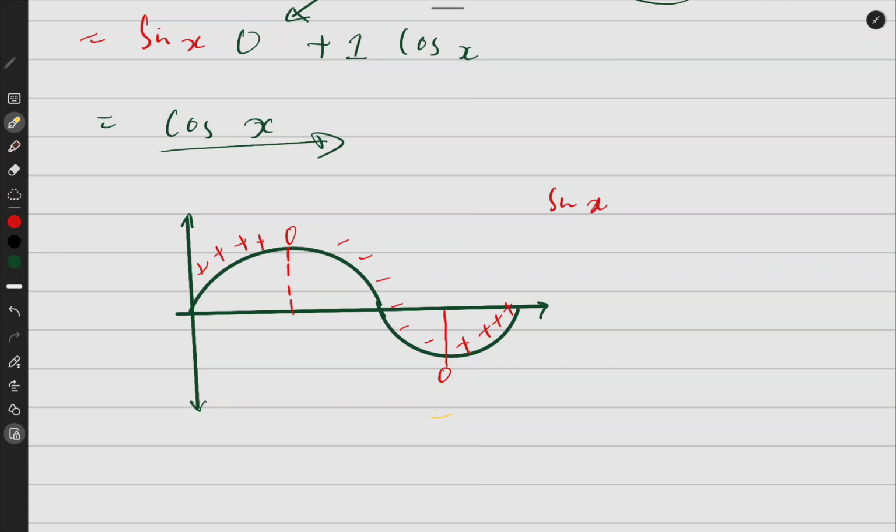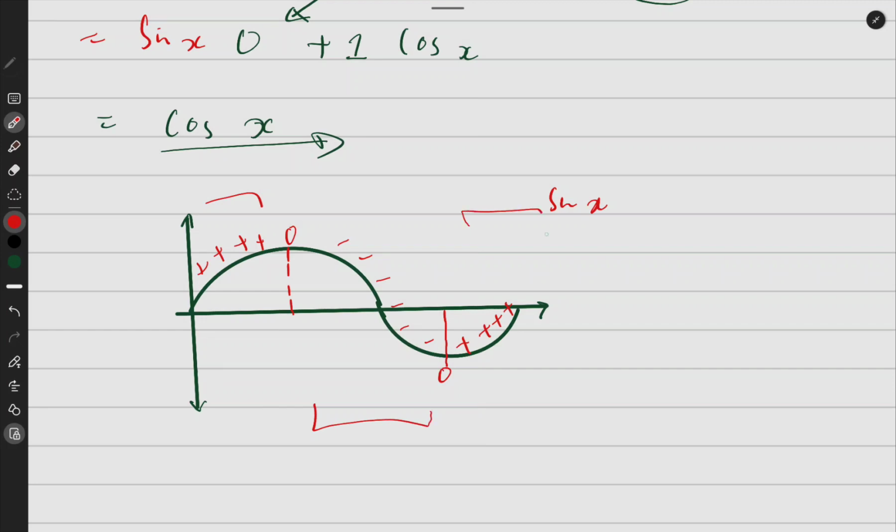Oh yes, I missed something. I did miss something, so I made a mistake, I think. So let me work it like this. This function here should be in this quadrant, and all this part should be in the lower quadrant.